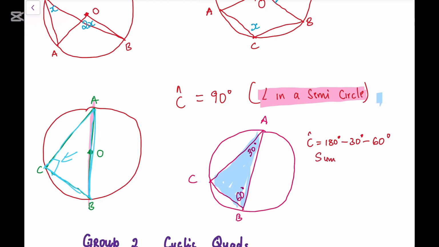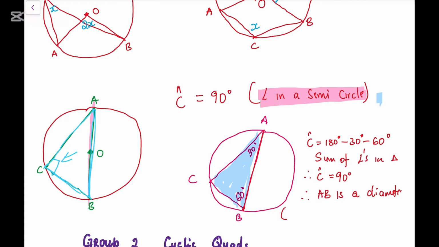This is sum of angles in a triangle. Now, therefore, what is angle C? Angle C will be 90 degrees. Oh, this line here, AB, subtended an angle that is equal to 90 degrees. Therefore, we can conclude and say AB is a diameter. Why?